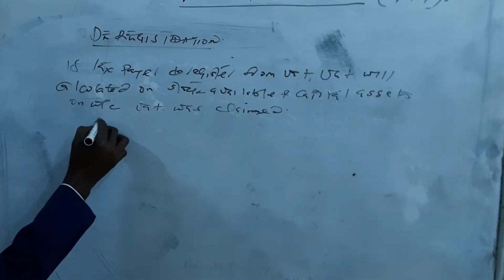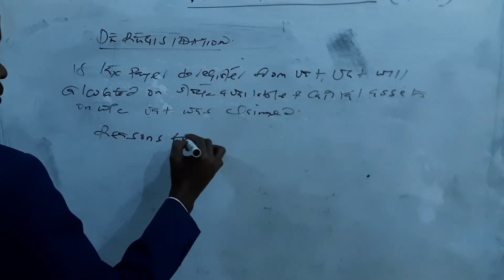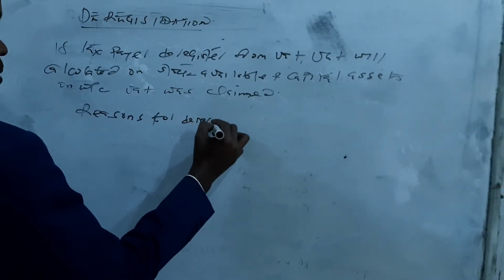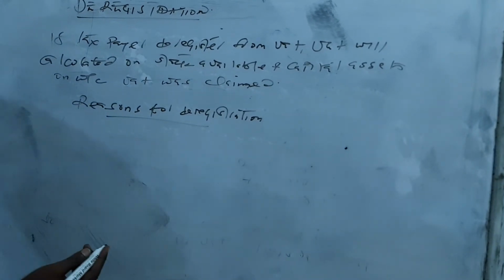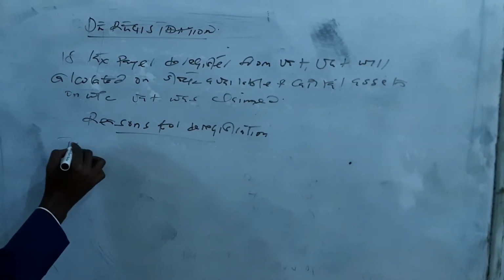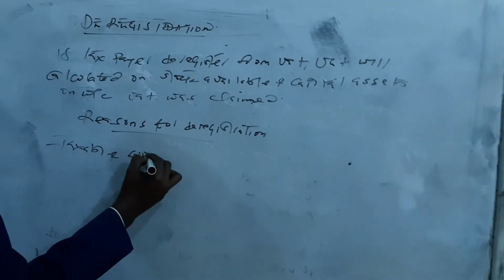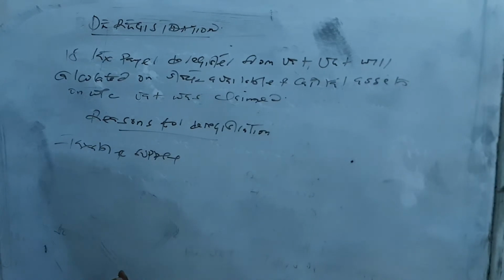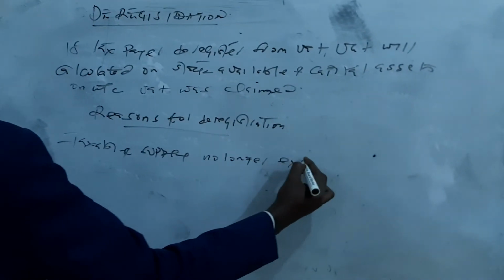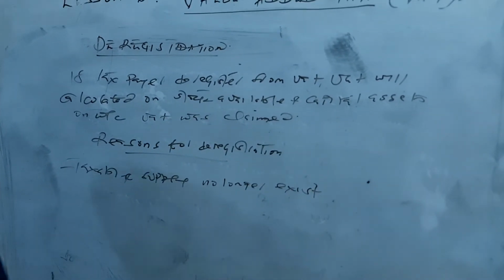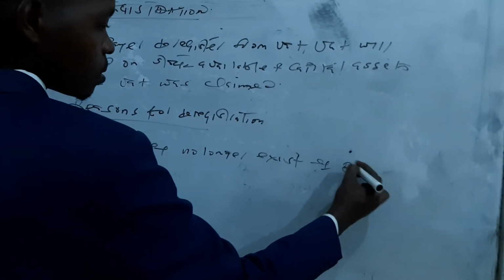Reasons for the deregistration. Number one reason, if the taxable supply no longer exists, e.g. when you have gone into bankruptcy.